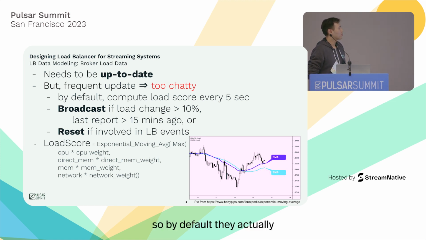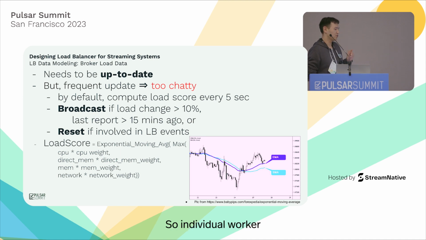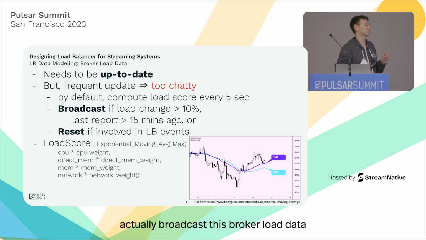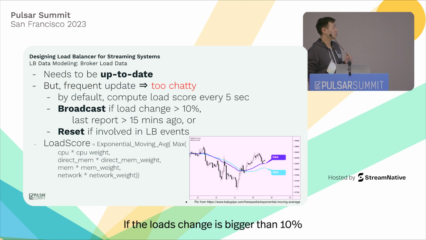By default, we compute the load score every 5 seconds, and then periodically broadcast it to all other brokers, with some exceptions if the load change is bigger than 10% or the last report was 15 minutes ago. These are all configurable, but I'm talking about the default settings.